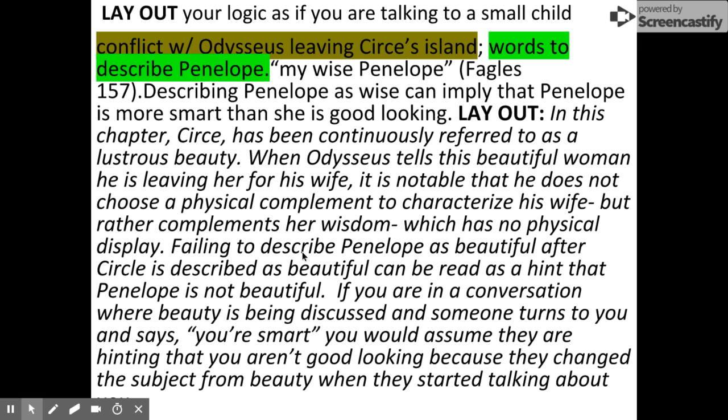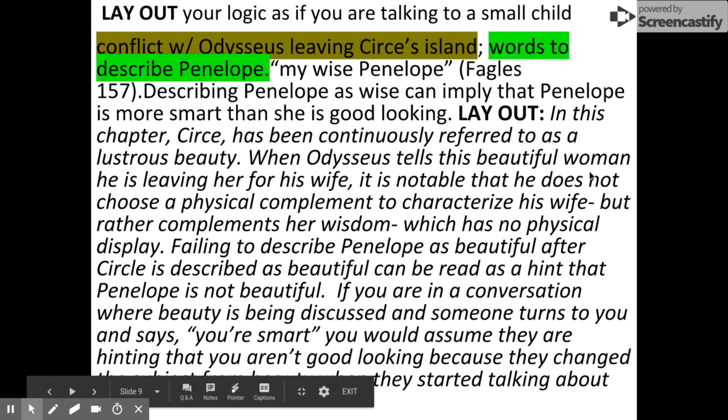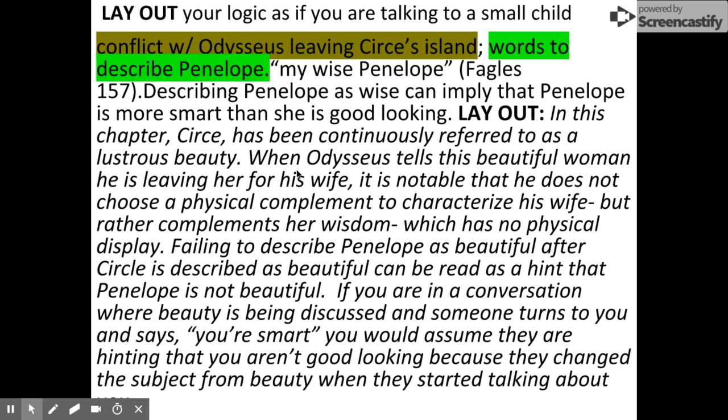So failing to call Penelope beautiful after Circe is described as beautiful can be read as a little hint maybe Penelope isn't beautiful. If you're in a conversation where beauty is being discussed and someone turns to you and says, "You're smart," you would assume they're hinting you're not so good looking because they are changing the subject from beauty. And so notice how I justify why I thought those words show that she's more smart than she is good looking, in case you were skeptical.